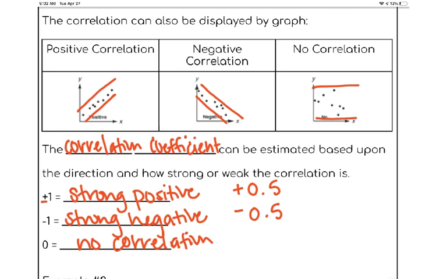So for the next example on this page, you're given 3 graphs, and I want you to try and determine, is it a strong positive, a strong negative, a weak positive, a weak negative, or no correlation? And the correlation coefficient would describe that.